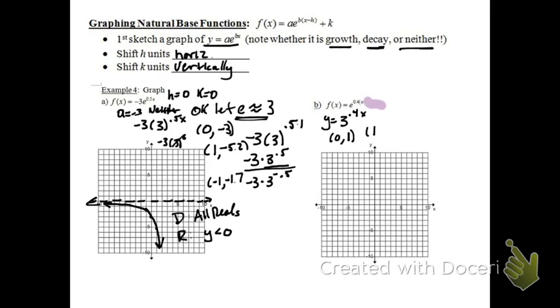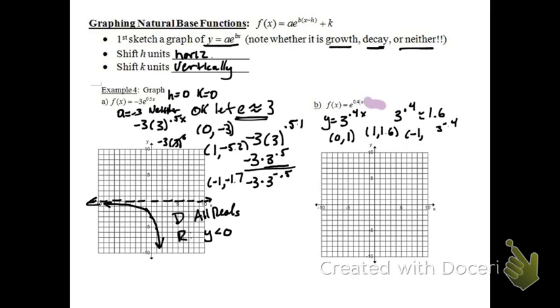If I plug in 1, it's going to be 3 to the 0.4, which is about, let's use the calculator, 1.56, or about 1.6, let's say. If we plugged in negative 1, that's going to be 3 to the negative 0.4.